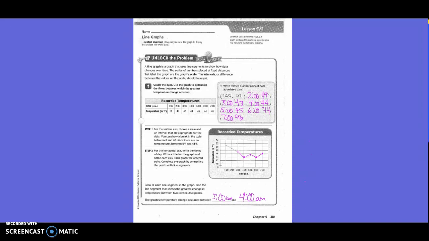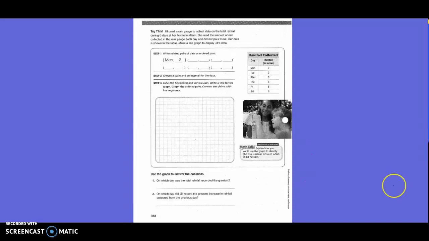So what was the temperature at 3 o'clock? 47. What was the temperature at 4 o'clock? 44. So what's the difference? 3. So 3 degrees. So basically all the other ones were what? Only 2 or 1.